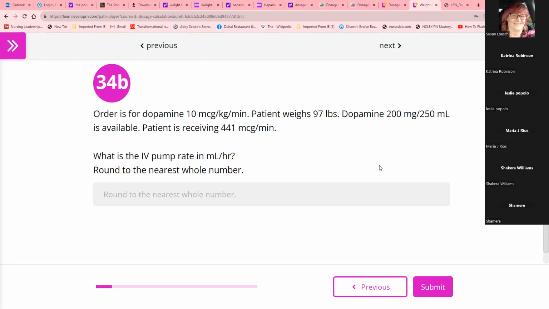Because we already did the first part, we're changing the 441 micrograms to milligrams. I want you to just do it the way we've been doing it, so you don't make mistakes. So let's go to the whiteboard.